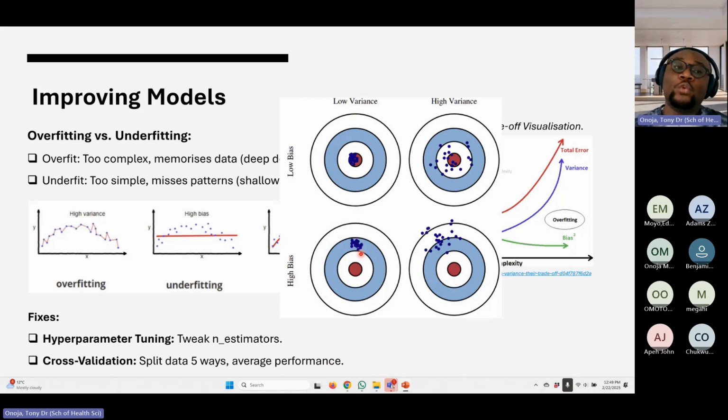So in order for us to overcome these issues that I've outlined, we need to carry out what we call hyperparameter tuning. We need to make sure we tweak the models such that we are able to minimize this high variance or high bias in our problems. Another way we could also understand better is cross-validation.